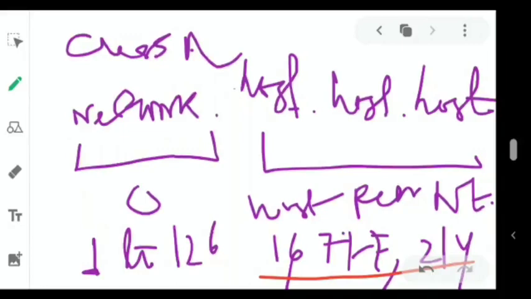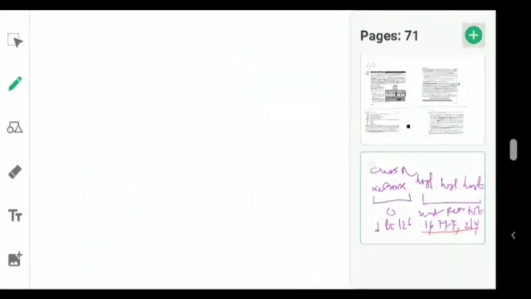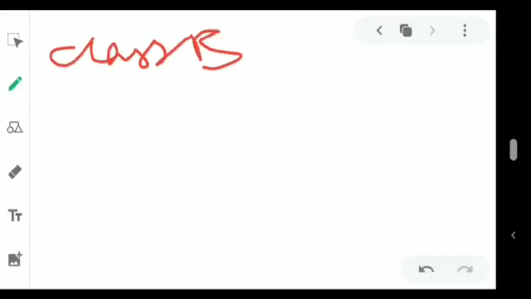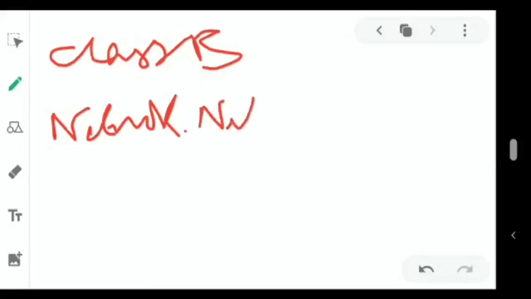Now coming to the next part, that is class B. Class B address has this structure: network dot network dot host dot host.